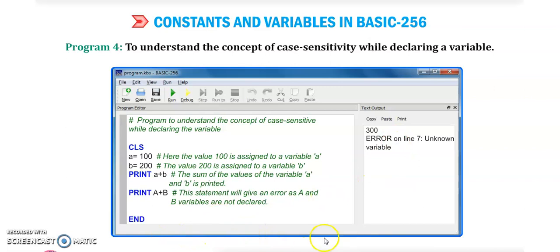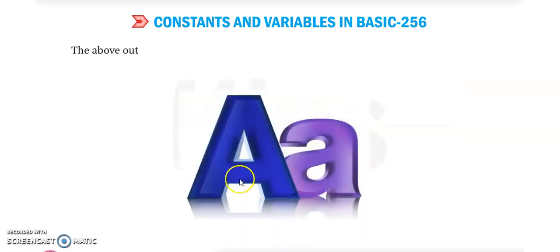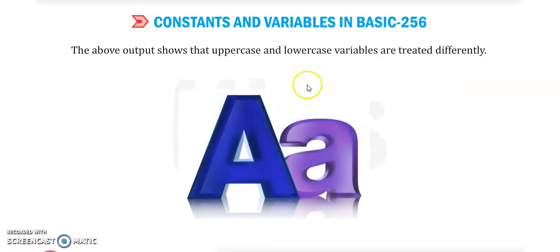You can see in the output area, after 300 there is an error message on line 7, unknown variable. So capital A and B are unknown variables for the compiler, so it will not give any output. Okay, understood? The above output shows that uppercase and lowercase variables are treated differently.